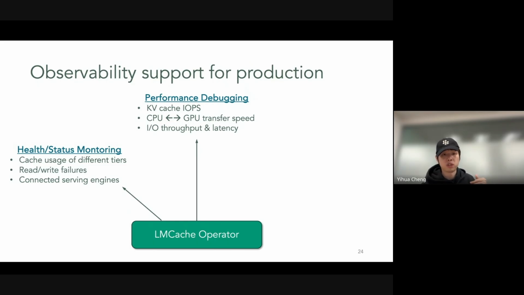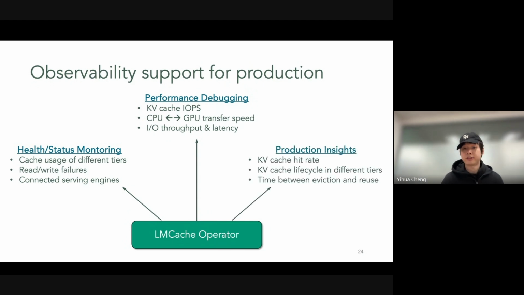We can also monitor the CPU to GPU transfer speed, and also export the IO throughput and latency as well. And third, which I would say is becoming more and more important, is production insights. Those will include, for example, KV cache hit rate, showing how many requests are hitting the KV cache in your current production deployment.